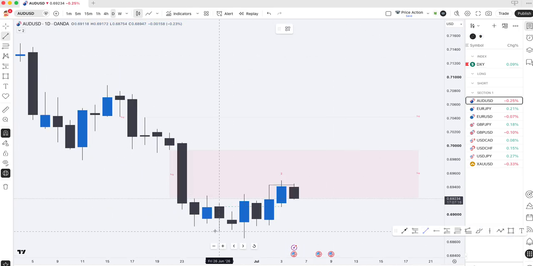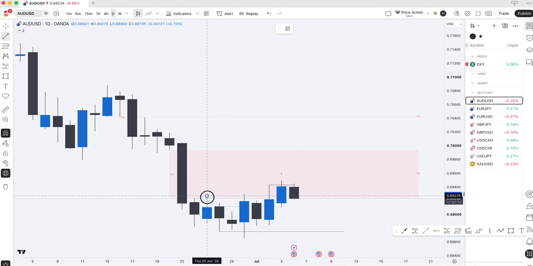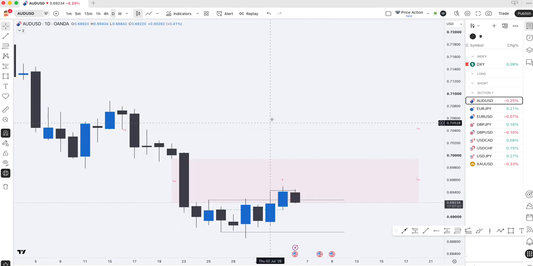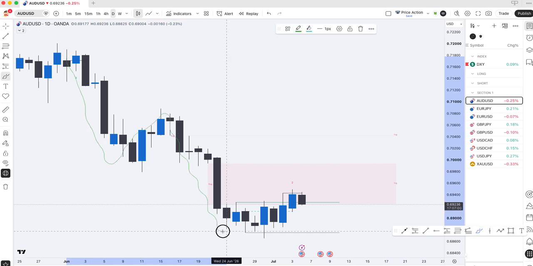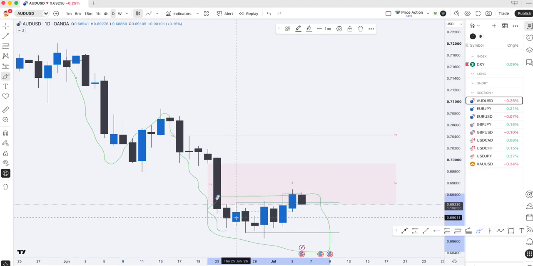AU would be in a range. We got a C2 yesterday. So if I look at it like this, price is going to the downside. We are making lower lows and lower highs. This is a consolidation.